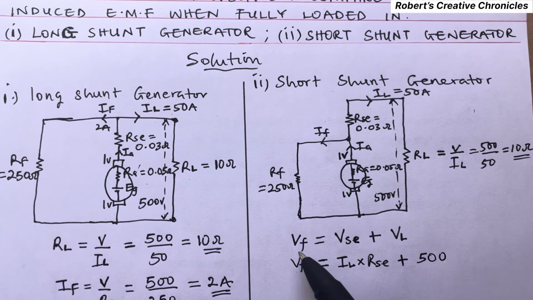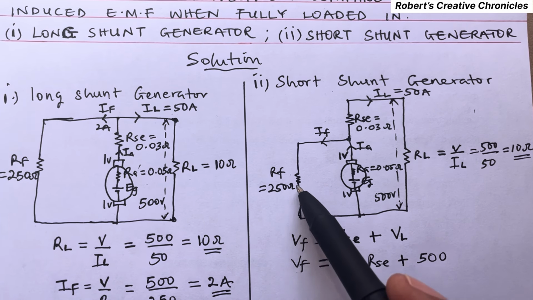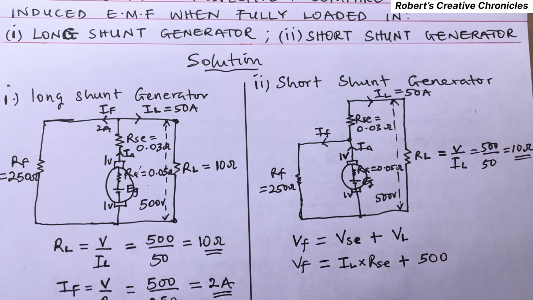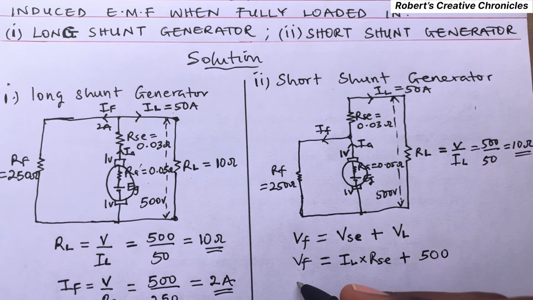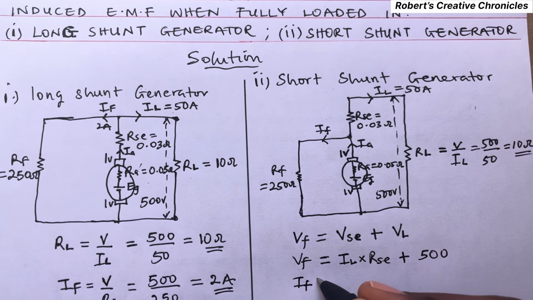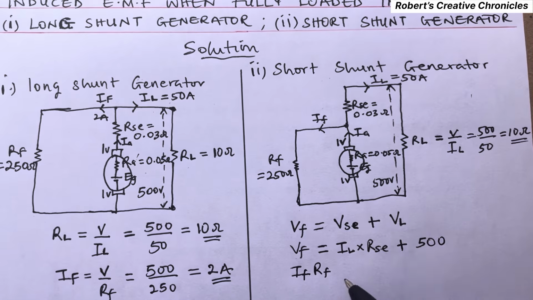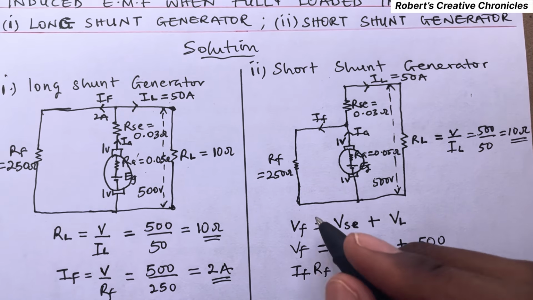Now, this VF is also the same thing as IF times RF. So we can say VF is IF times RF, and RF is 250.